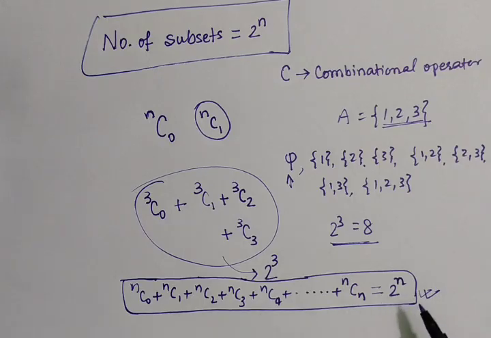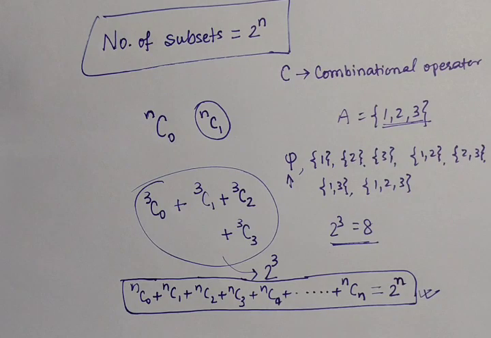And what is the application of this formula? Sometimes we get easy questions like: find the number of subsets if the number of elements is 5, that is 2 power n, 2 power 5. If the number of elements is 7, the number of subsets is 2 power 7. That is easy to answer, we all know.